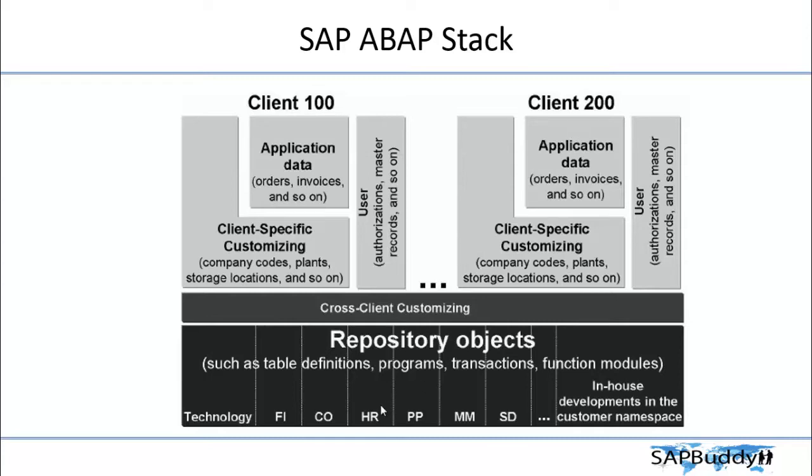For example, HR could be in a different client because the integration between other logistics functions and HR may be different. In HR you don't need all users, and you have very sensitive data, so you don't want to keep all users in the same client. You want to keep it separate, then you can keep it separate.